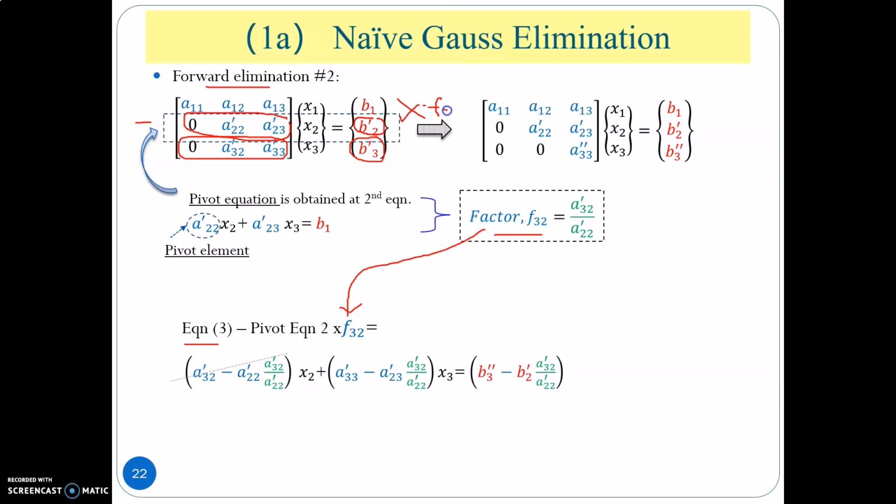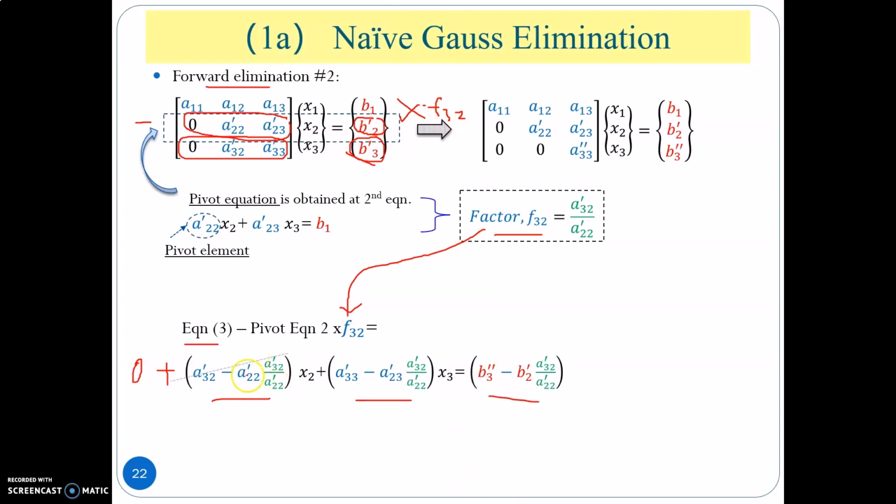Multiply this with F32. So we start with the first element, 0 minus 0, multiply with F32, you still obtain 0. Then second element, A32 prime minus A22 prime, multiply with F32, you obtain this. A33 prime minus A23 prime, multiply with F32, you obtain this. Lastly, B3 prime minus B2 prime, multiply with F32, you obtain this.